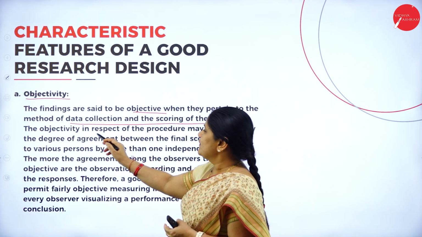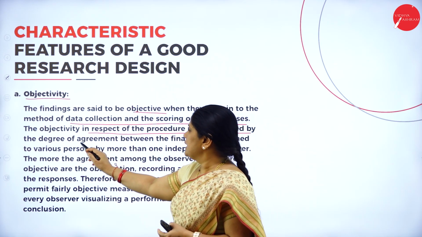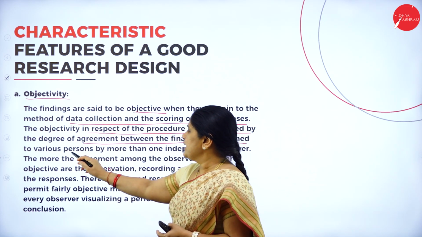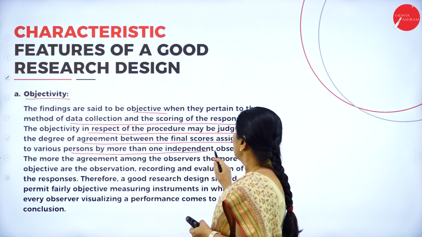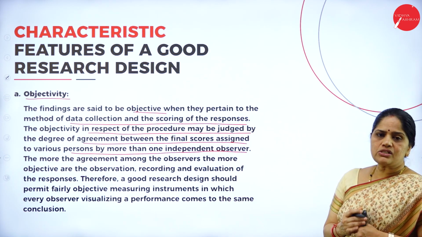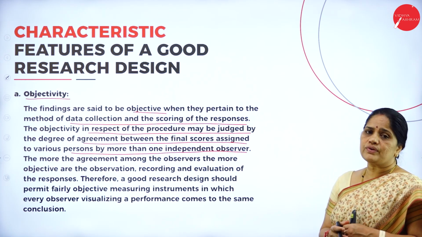Then the objectivity in respect of the procedure may be judged by the degree of agreement between the final scores assigned to various persons by more than one independent observer. So in this objectivity, we should also make a note of how the final scores will be given.